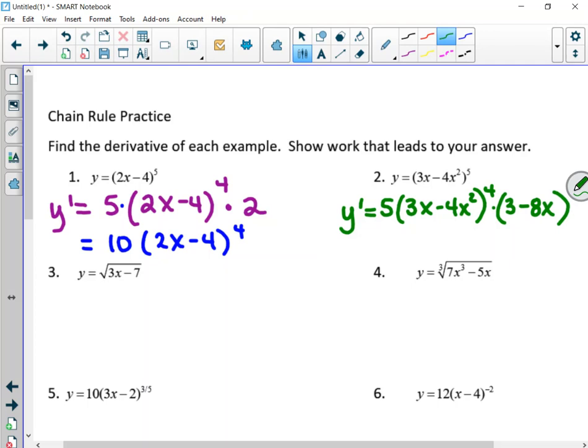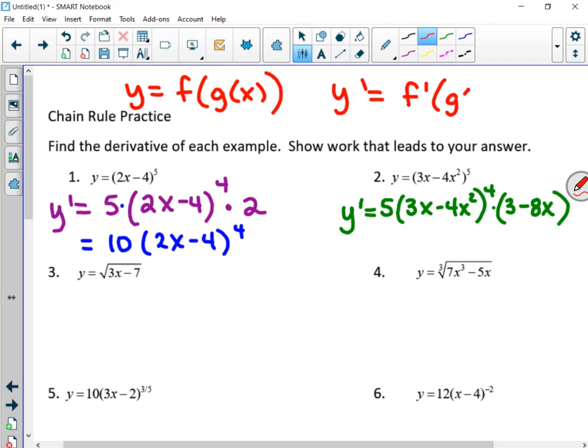Okay. If you did look this up, what you would see out in the world is the chain rule definition: anytime you have f of g of x, one function of another, the derivative is equal to the derivative of the f function around the g, and then times the derivative of the g, which is the inside.